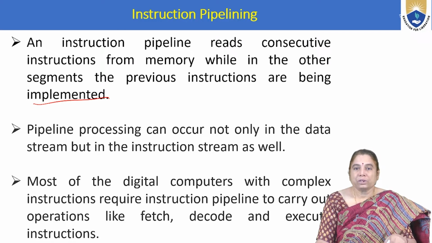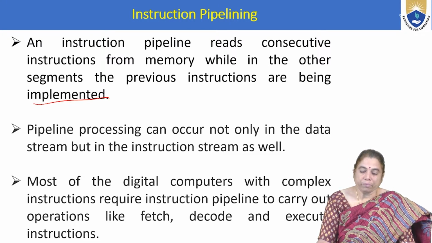So in the instruction pipeline, these steps can be executed in an overlapped fashion with other instructions. So multiple instructions can be overlapped or concurrently executed with the help of the instruction pipeline.